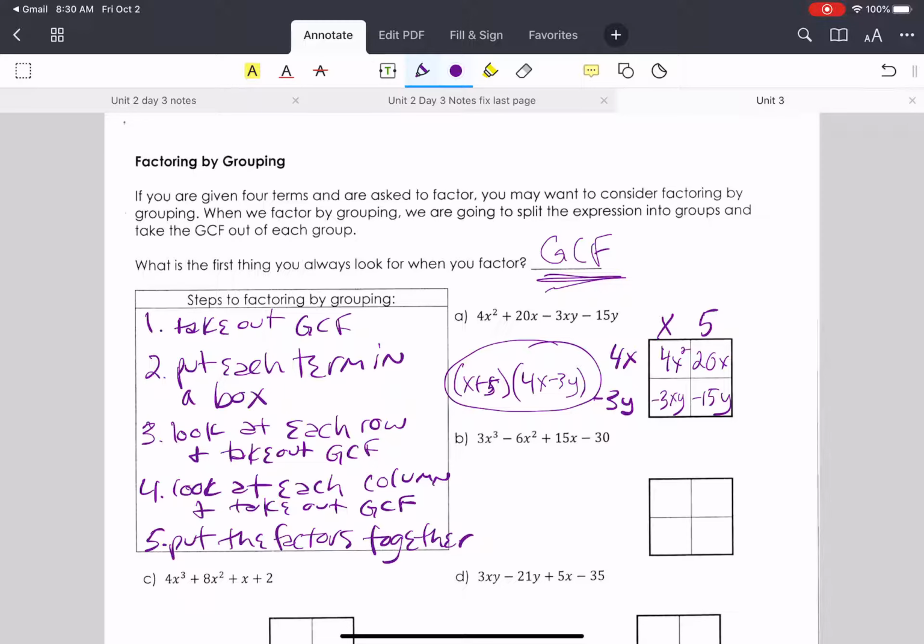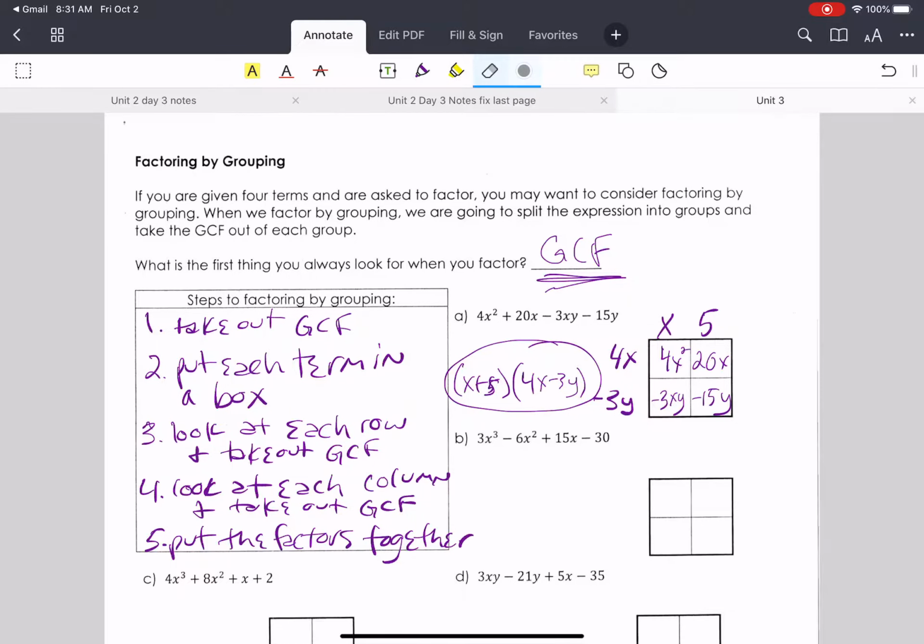We're doing good? Okay, should we do one more together and then you guys can try one on your own? You feel you're already ready to do it on your own? Yeah? Hold on. Does anyone want to do one more together? Okay, try part B on your own. B and C. Try B and C on your own.